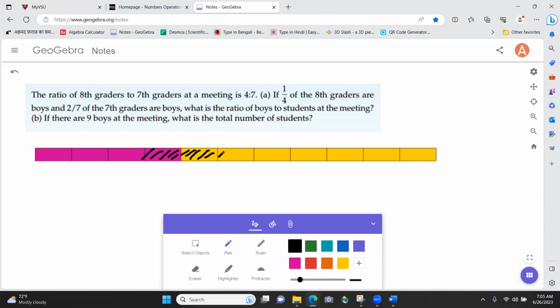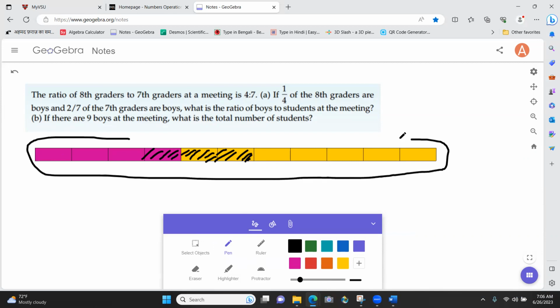It's a very good problem, guys. What is the ratio of boys to the students at the meeting? All right. This whole thing represents all the students. 3 of the parts represent boys. So you have to add 4 and 7.